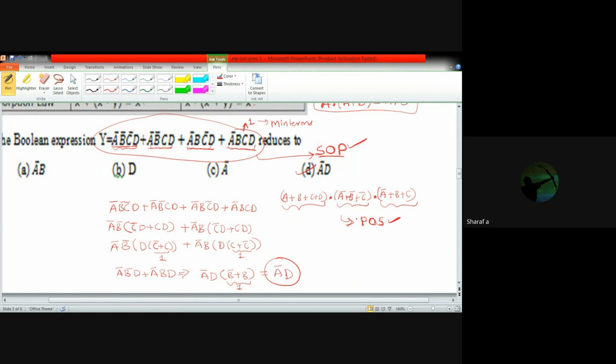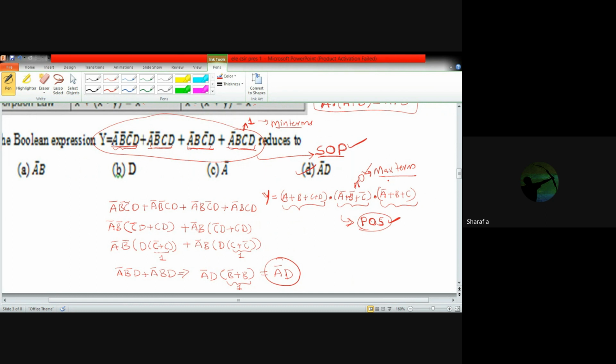At the same time, when you consider POS, or product of sums form, if your Boolean expression y is in product of sums form, each of these terms represents zero. This is called a max term. Just to keep that in mind, we are not going into much deep theory. When you consider SOP, each term is called a min term, which represents one. And if your Boolean expression is in product of sums form, then each term is called a max term, and they represent value 0.